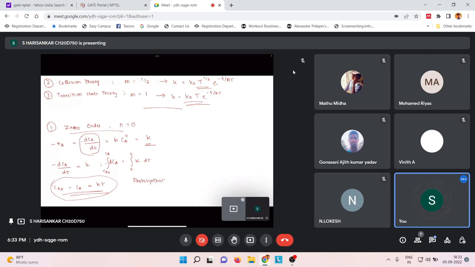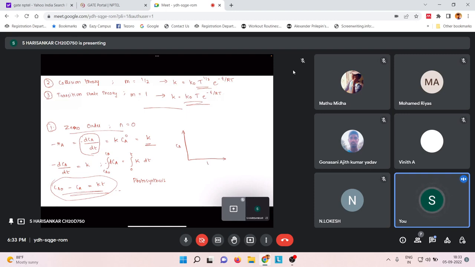Right? So if you want to plot this equation, we can plot it like this. Let's say we'll take Ca on the y-axis and time t on the x-axis.